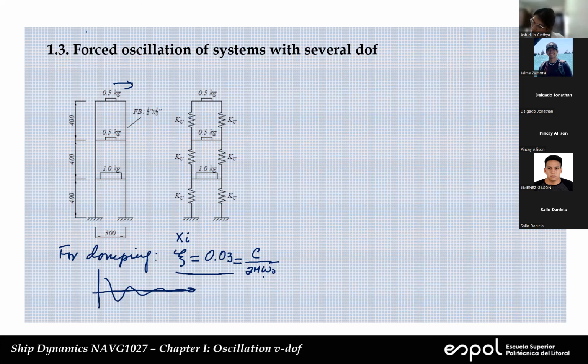The problem is that here I have 3 omega zeros, so I just said, okay, let's take the first one. So it's an approximation for the first one. And for m, we just take the full m. And let's see what happens. In this way, we could take a reasonable value for C. Otherwise, I would have to be guessing too much. After doing that, we're ready. We can go on and include the damping.